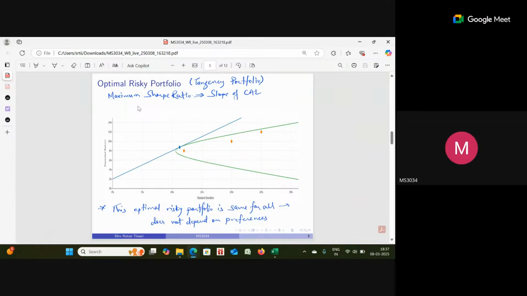Your basic objective is to maximize your Sharpe ratio given all the conditions. That's it. And you will find this blue dot is your optimal risky portfolio, and this is the same for all the individuals.